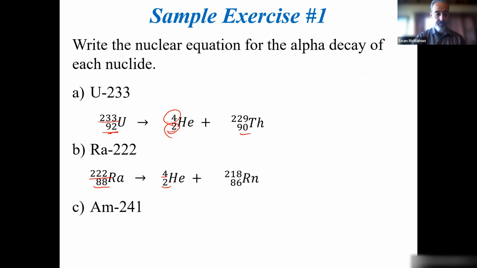Okay. And now with the americium, if I look at 95, 241, I'm going to subtract 2, I'm going to get 93, and subtract 4 from 241, 237. And that's how you balance it. Now that's an alpha decay.